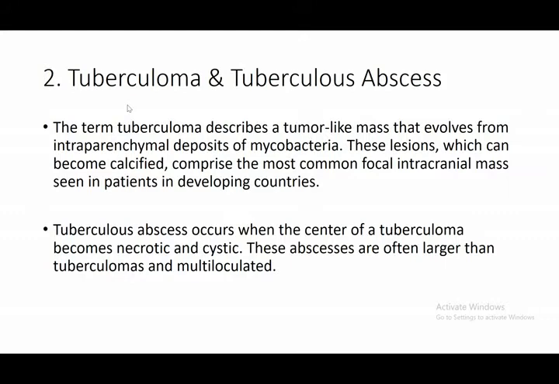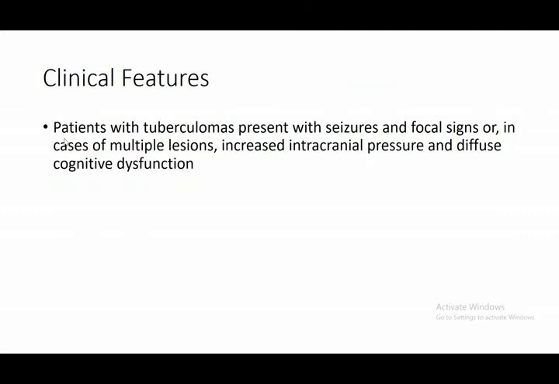Tuberculoma and tubercular abscess are the most common focal intracranial mass, more common than neoplastic and malignant lesions affecting the brain. Tubercular abscess occurs when the center of a tuberculoma becomes necrotic and cystic. Basically, a tubercular abscess is a tuberculoma which converts into an abscess when its center becomes necrotic and cystic.